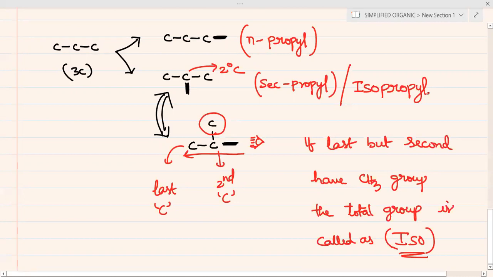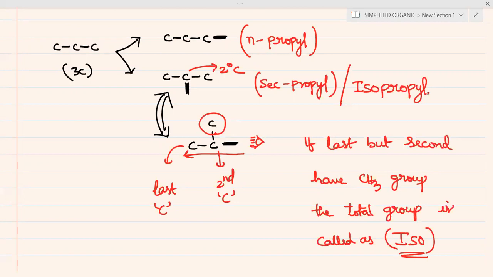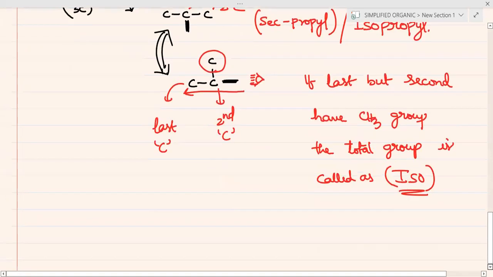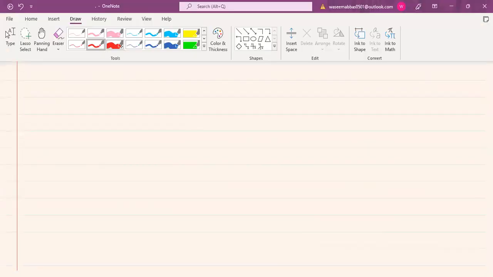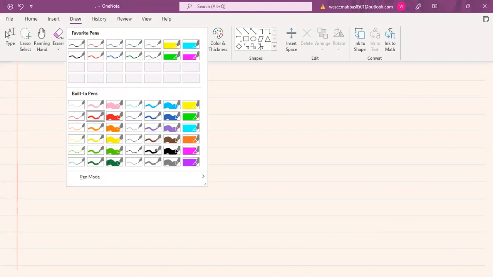What do you mean by iso? Last but second carbon, if it is having the methyl group, it is called iso. For example, if I go for 4 carbons, imagine there are 4 carbons, and I can write them in this way, or I can also represent the 4 carbons in this way.